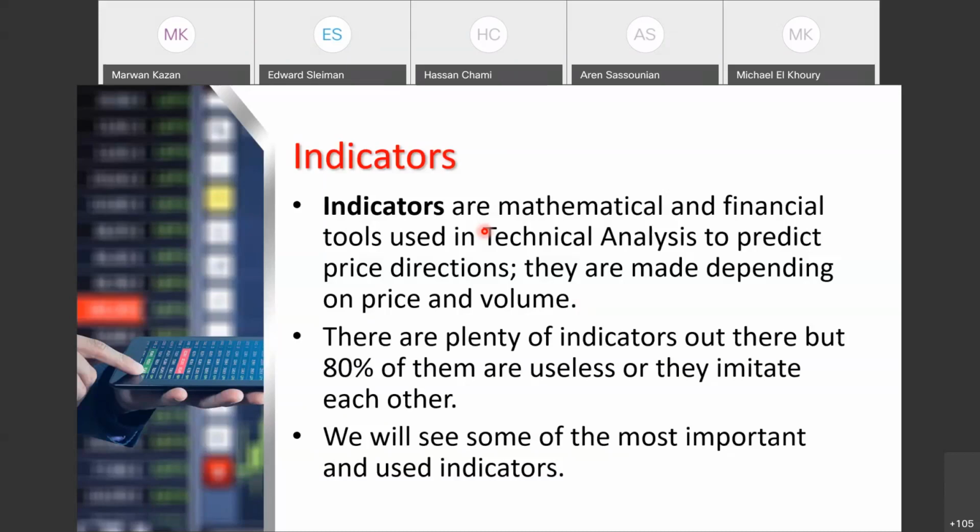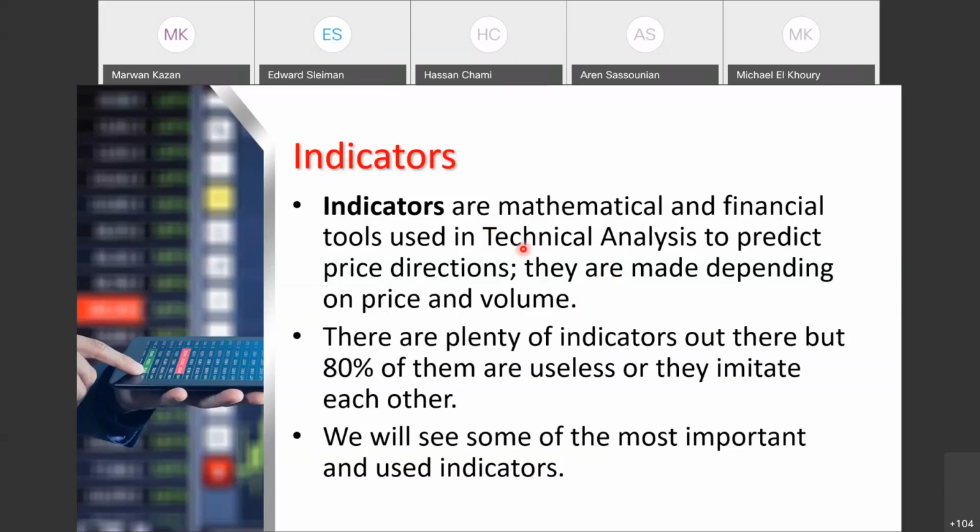The difference between the stock market and the university is that in the university, if you know something that nobody knows, that's a good point. But in the stock market, or in any financial thing in your life, if you use something that nobody knows, you will lose. So always use what people use. That's a very important point.